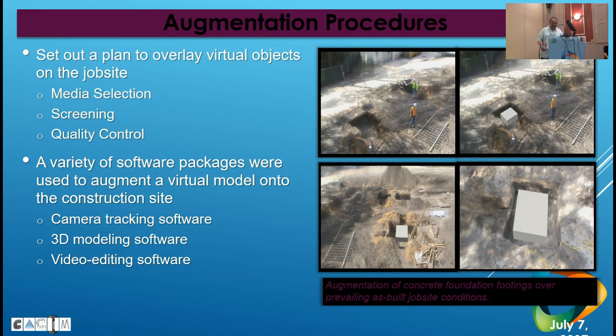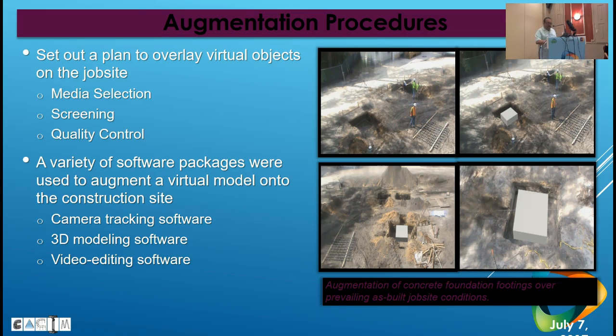So in the case of the media selection, we identify what data was to be represented based on content and level of visible detail in the videos. The screening, the selected media for quality: we had a lot of footage and images. We had to separate them and screen them for quality, and the quality control system was developed.